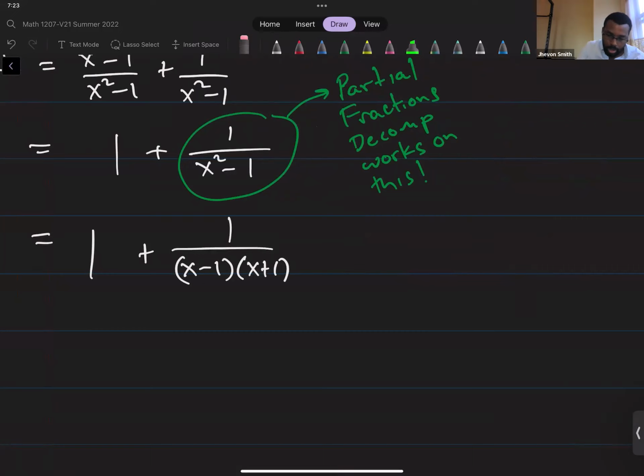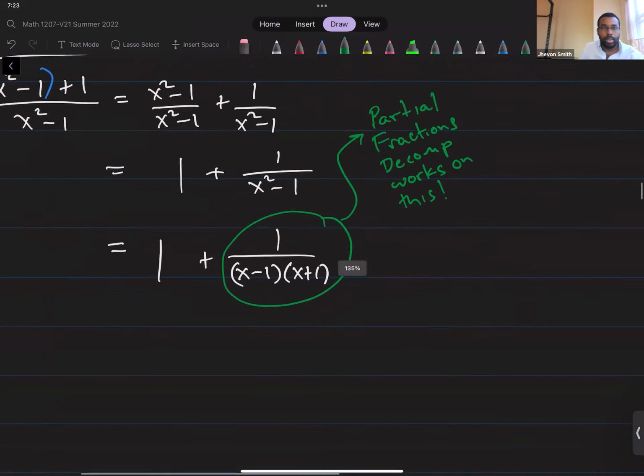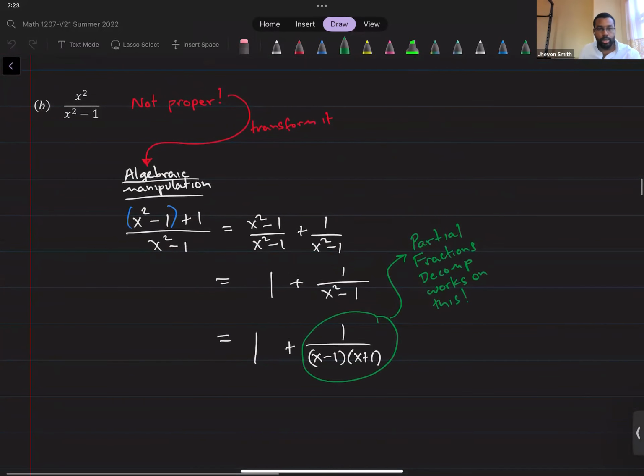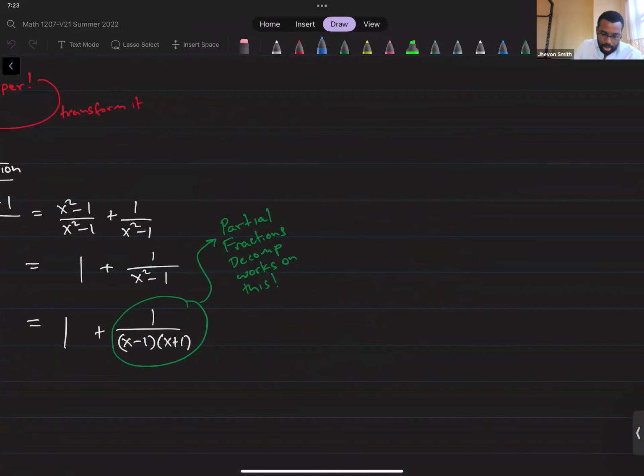So maybe I should actually write this. Originally I couldn't do the partial fractions method on the original one, but by doing this algebraic manipulation, I can get it to work on this. To me, that's the faster way, but I can show you the long division way if that makes it easier for you.